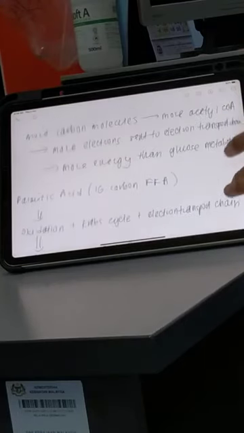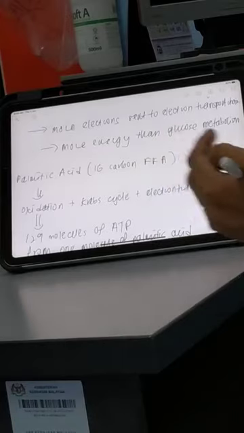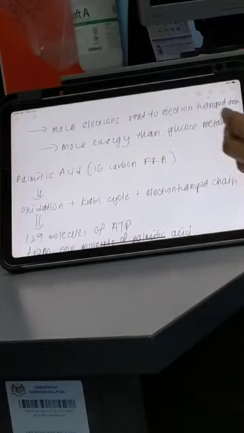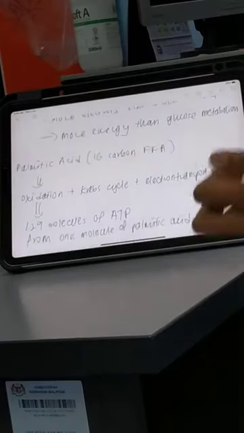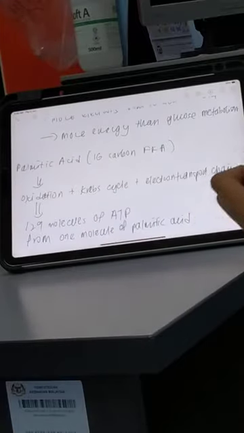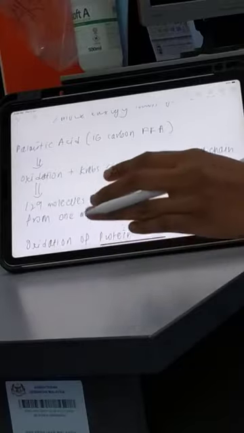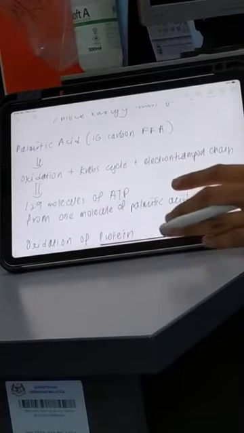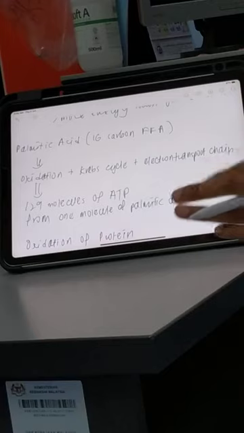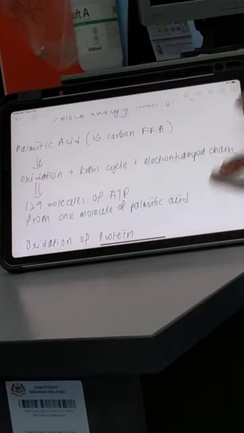So this is just an example, palmitic acid. It has 16 carbons. So oxidation, Krebs cycle, electron transport chain will occur. How much energy are we getting from here? Roughly about 129 molecules of ATP from this one molecule of palmitic acid.